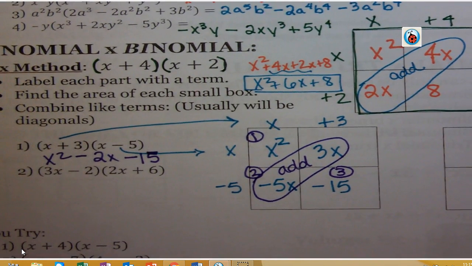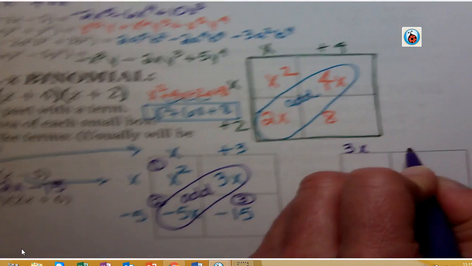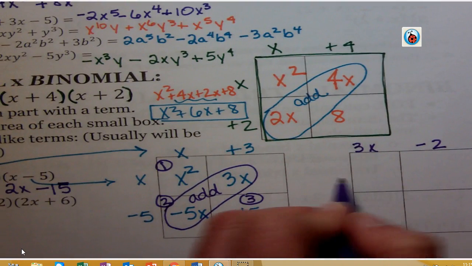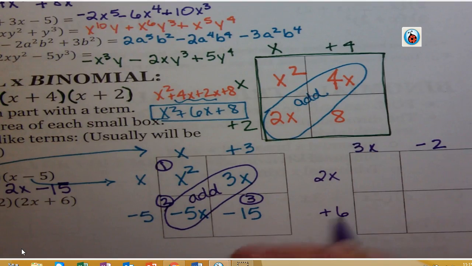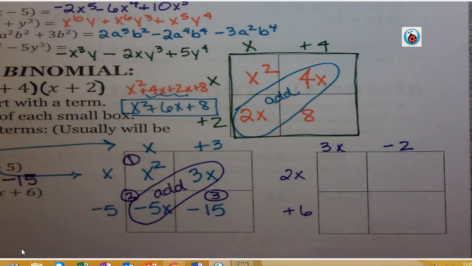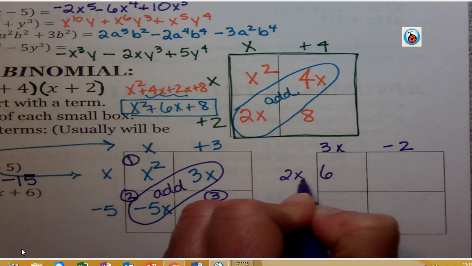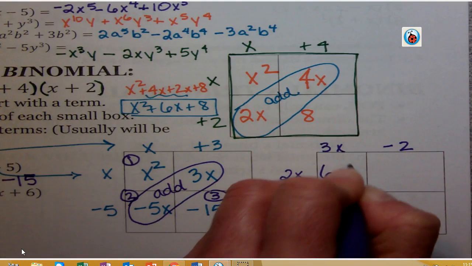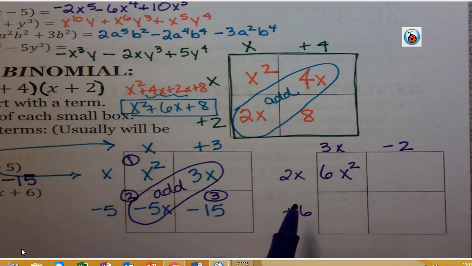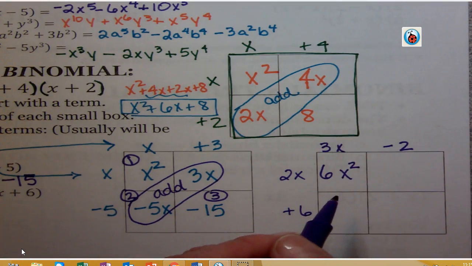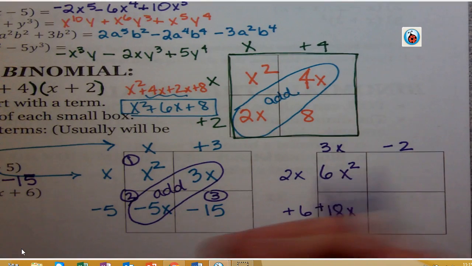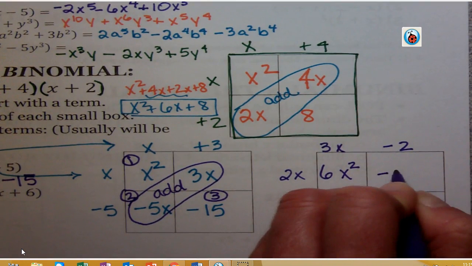Same with if we were to have 3x minus 2, 3x minus 2, and 2x plus 6. I'm just breaking it up. When I multiply 3 times 2, I get 6. X times x gives me x squared. Since I'm multiplying, make sure you're multiplying and not adding. 3x times 6 is 18x. 2x times minus 2 is negative 4x.